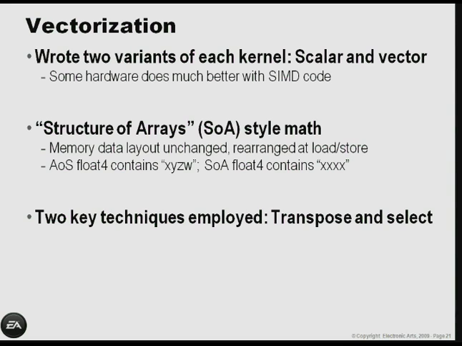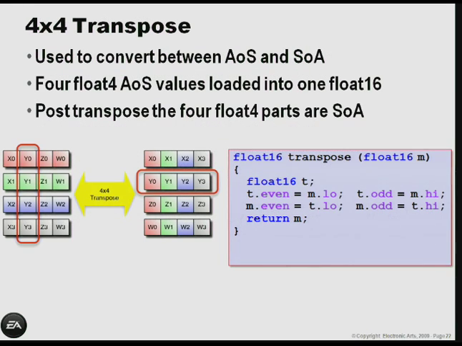You really want to have it in structure of arrays where you've got a float 4, say, or a float 16 that's got a whole bunch of X parameters. So one of the key things we use is a 4x4 transpose to convert between AOS and SOA. And it does exactly what you would expect. It takes things that are arranged as XYZW and turns it into XXXX, YYYY, ZZZZ, WWWW.